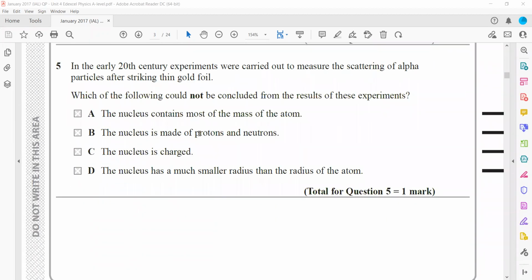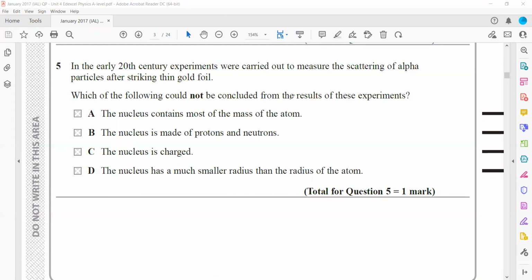Next, question 5. In the early 20th century, experiments were carried out to measure the scattering of alpha particles after striking a thin foil. That was the Rutherford experiment. Which of the following could not be concluded? Yeah, that's true, the nucleus contained most of the mass.